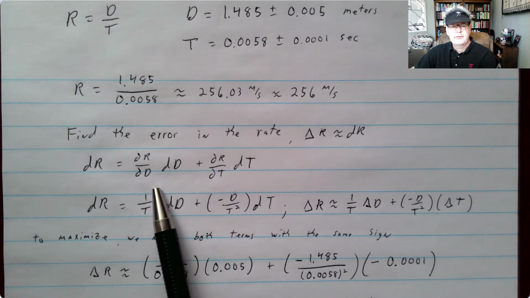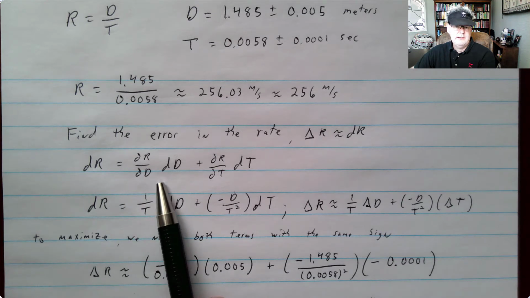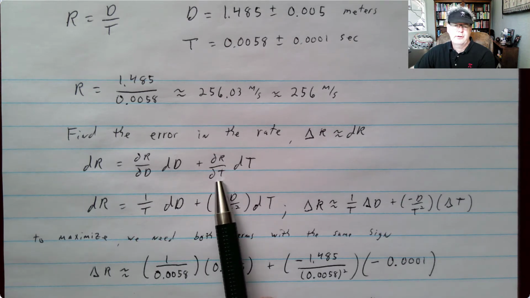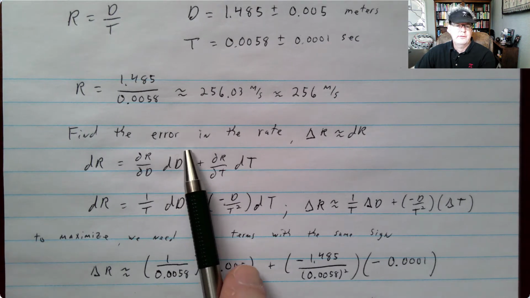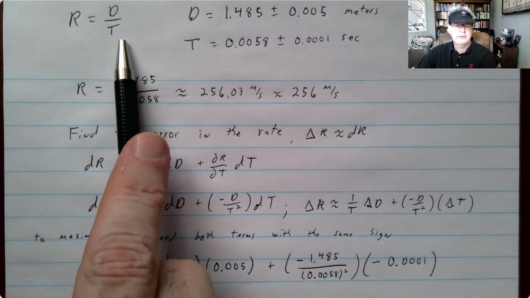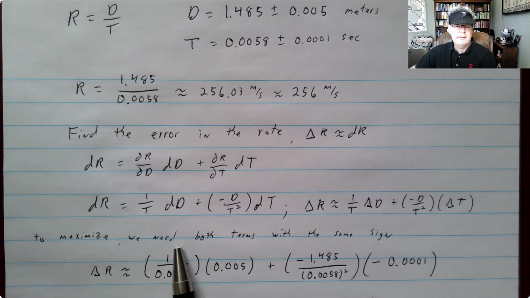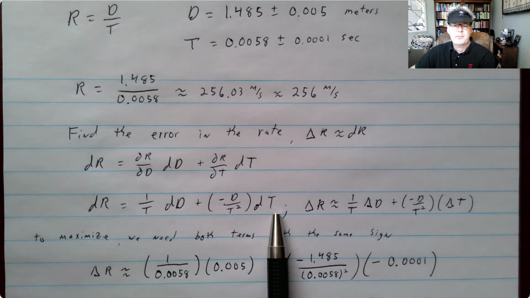So using differentials, dr is partial r with respect to d, dd, plus partial r with respect to t, dt. And then since r is d over t, the partial with respect to d is just 1 over t dd. And then the partial with respect to time will be negative d over t squared dt.